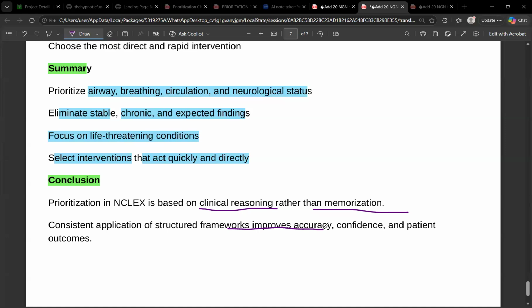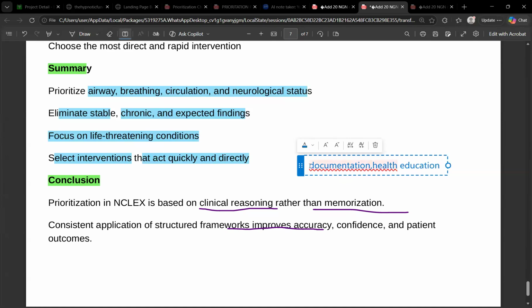And one more thing you have to keep in mind: documentation, health education, nutrition, then activity.